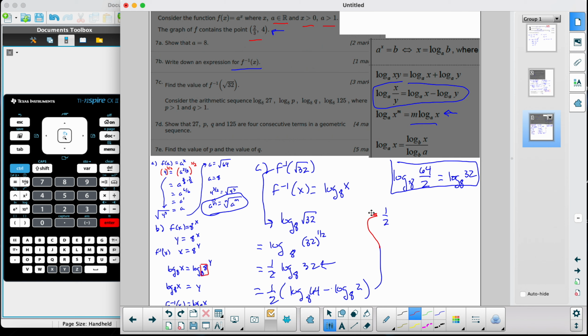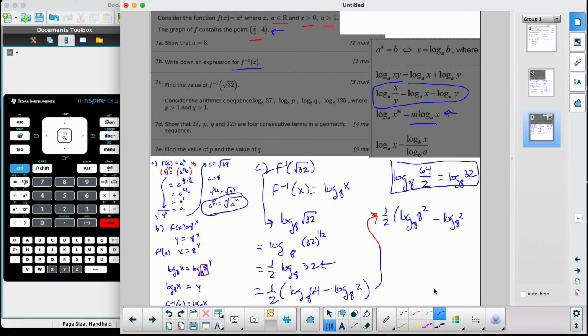So log base 8 of 64 is actually log base 8 of 8 squared, and because of the rule I showed you here, that's going to be equal to 2. That's fantastic news. Minus log base 8 of 2.